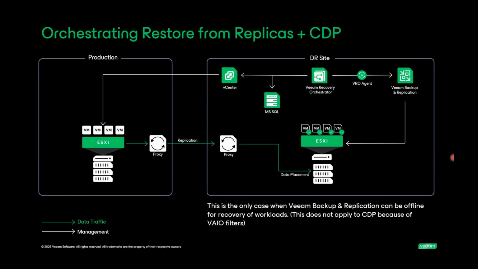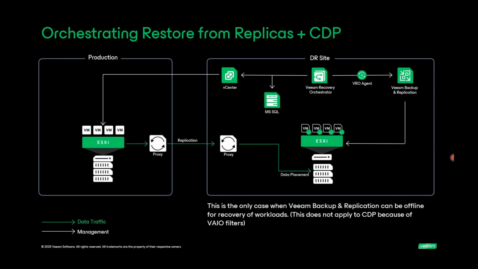Other possibilities. So far we've been looking at restoring from backups. Now, when you're talking about disaster recovery, we also think about replicas. The main difference between backups and replicas is that the backup is the data that we already have on a repository.